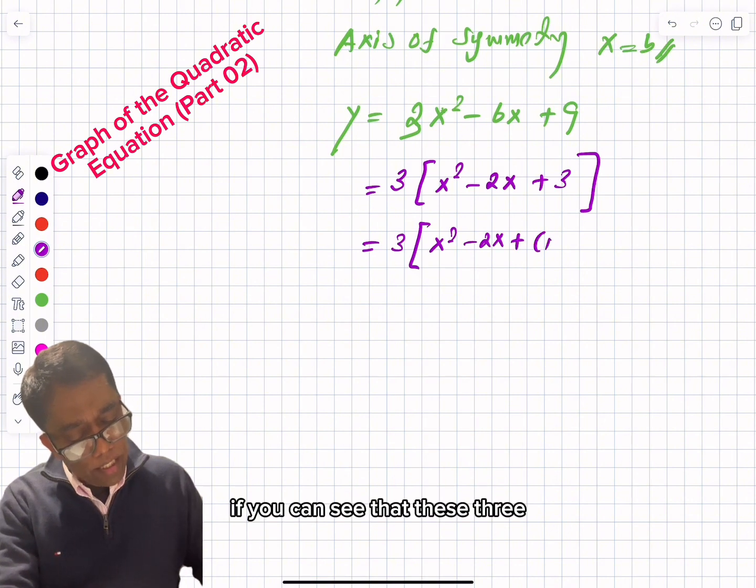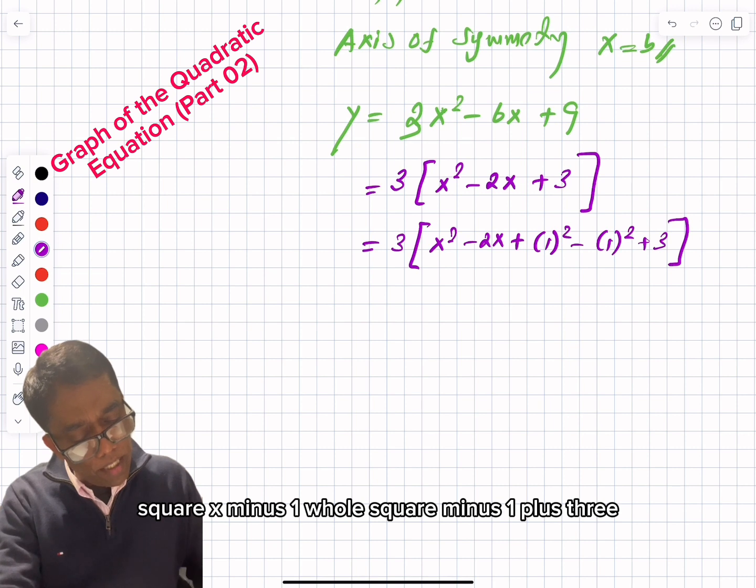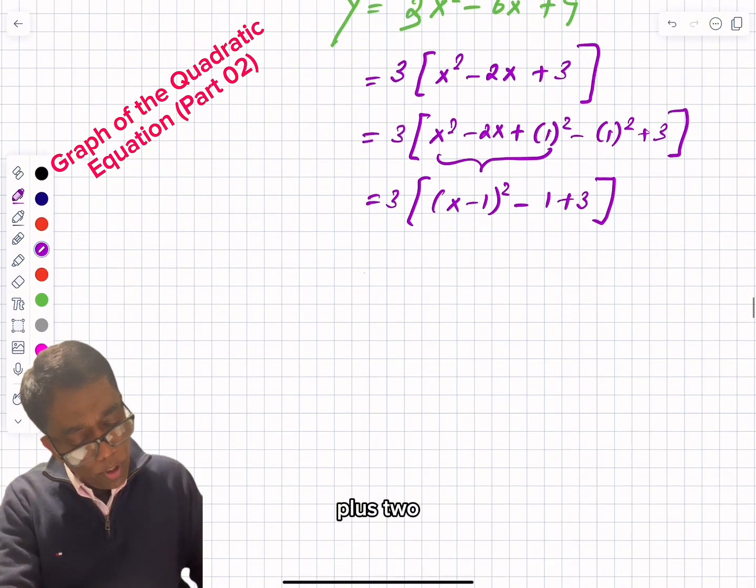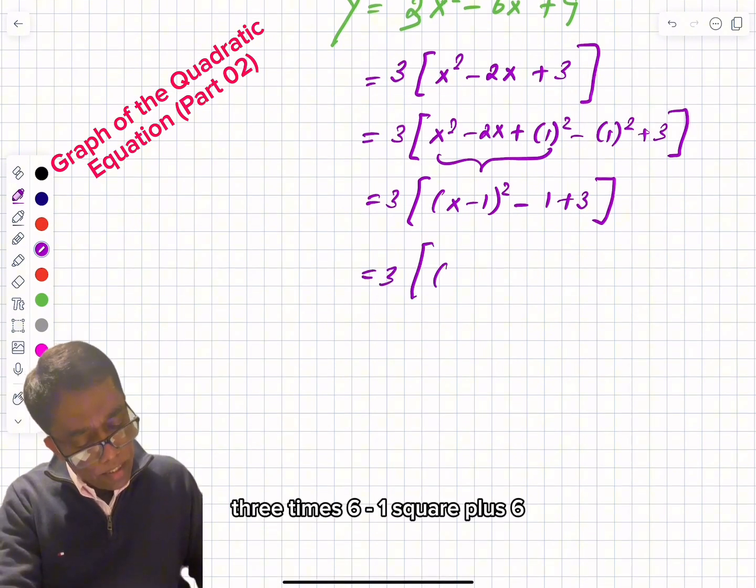If we consider these first three terms, it is a perfect square: x minus 1 whole squared minus 1 plus 3, which is x minus 1 squared plus 2. So, 3 times x minus 1 squared plus 6.